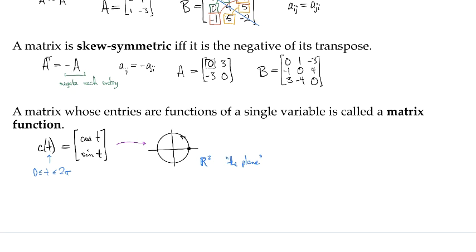You've also seen this when you did parameterizations of a line, for instance. So if L of t is (3t minus 1, 4, 1 plus 2t), then this is some line in R3.